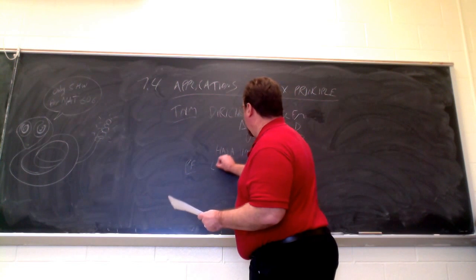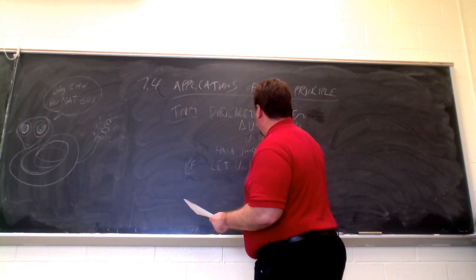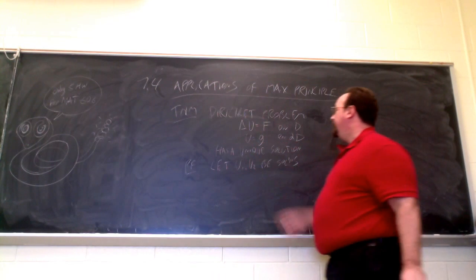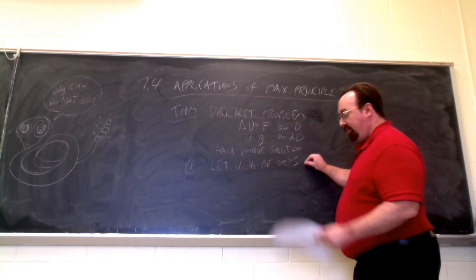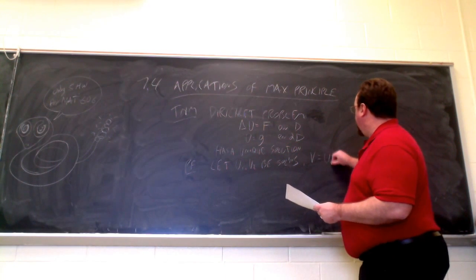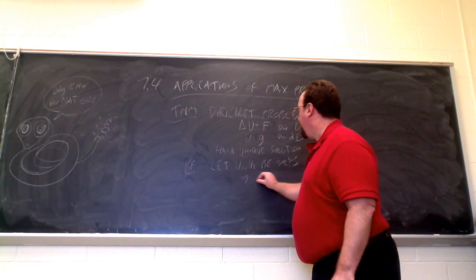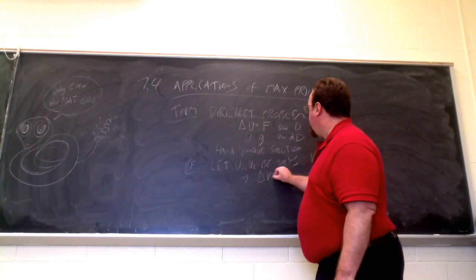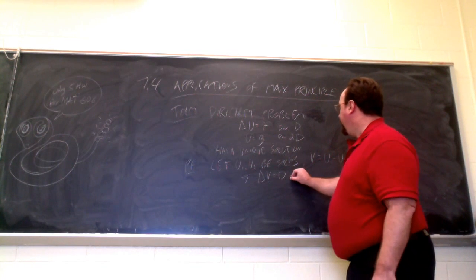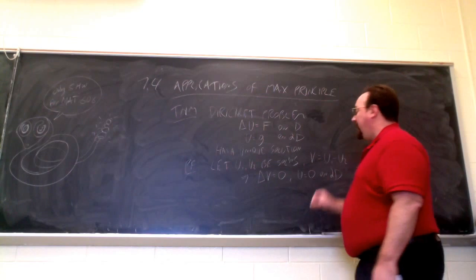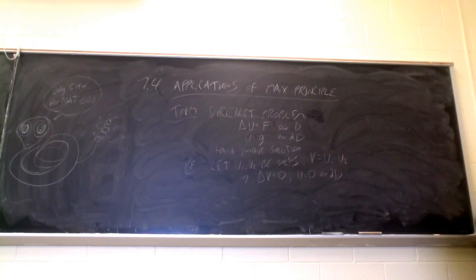So let's assume that I have two solutions of this Dirichlet problem, and I let V equal their difference. What that means is, by linearity, Laplacian of V is 0, and V is equal to 0 on the boundary.